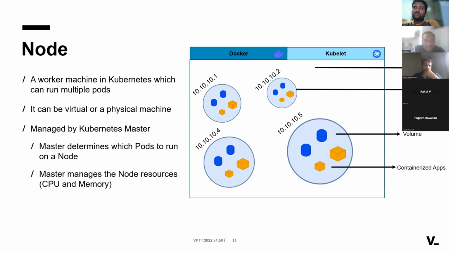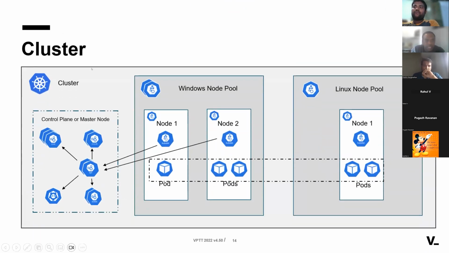And next, if we zoom out even a bit, that's where the cluster comes into play. This is how a cluster will look. Here I have defined a cluster with one Windows node pool and one Linux node pool. You can notice that the Windows node pool has two different Windows nodes, and the Linux node pool has one Linux node.